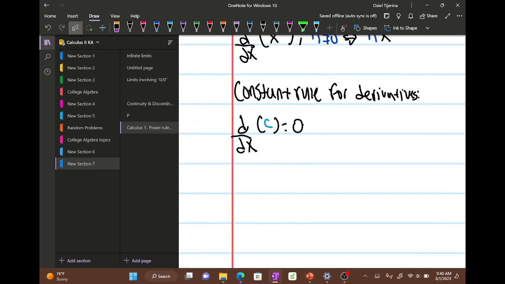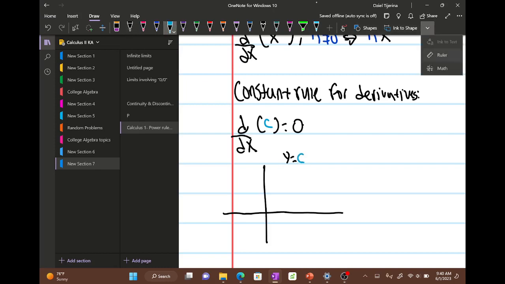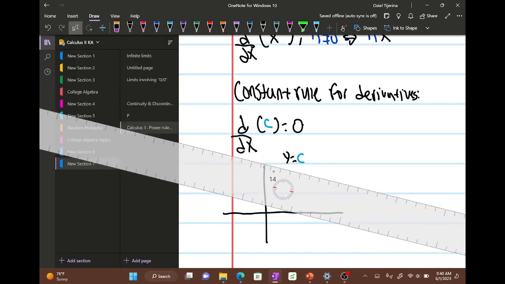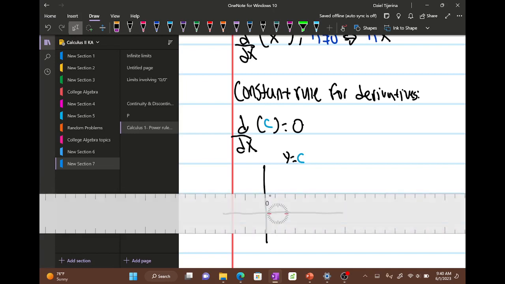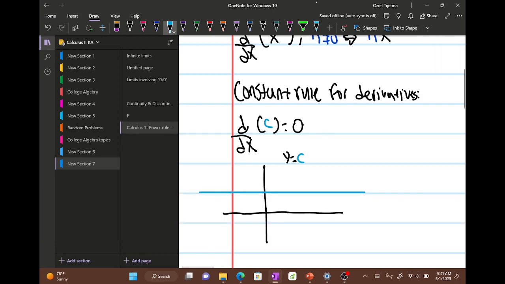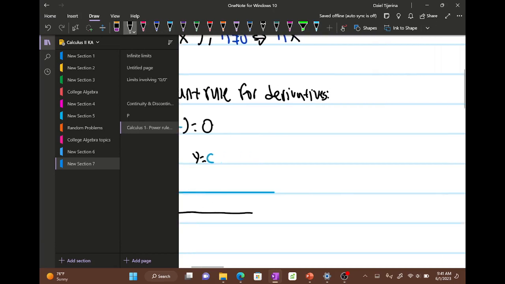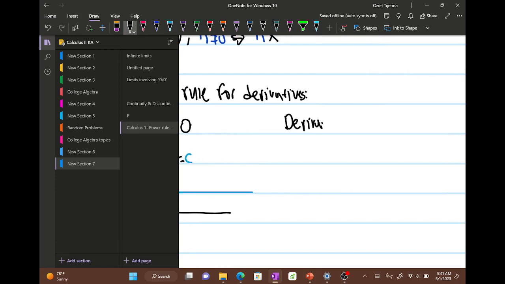The reason for that is that when you graph a function y equals some constant c, it's a horizontal line, and if you remember from algebra, this has a slope of 0. So really, the derivative is slope, or rate of change. Some call it instantaneous rate of change.